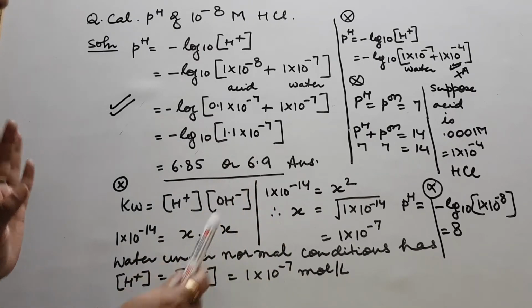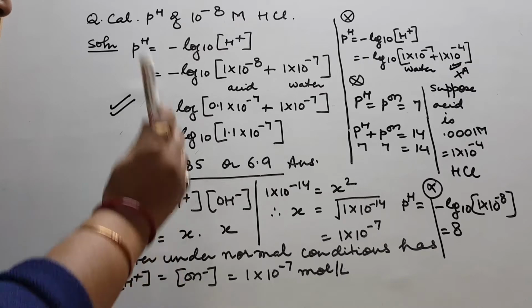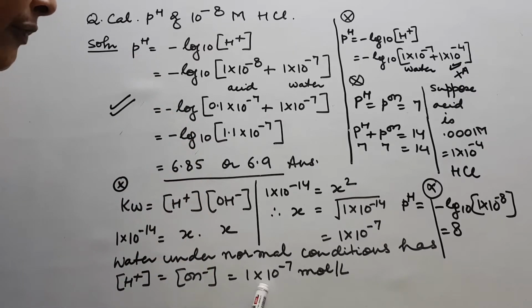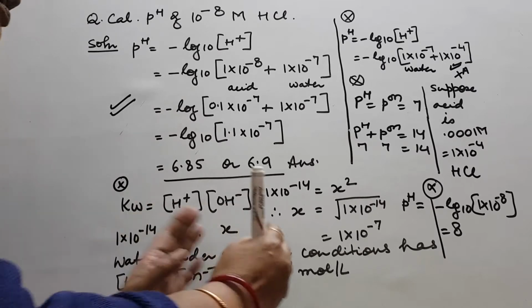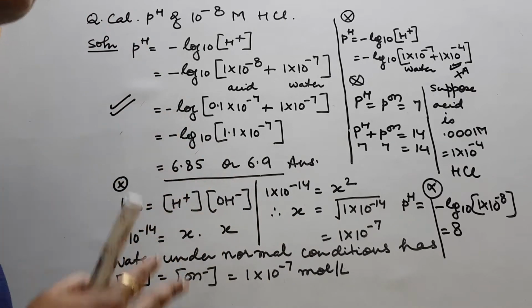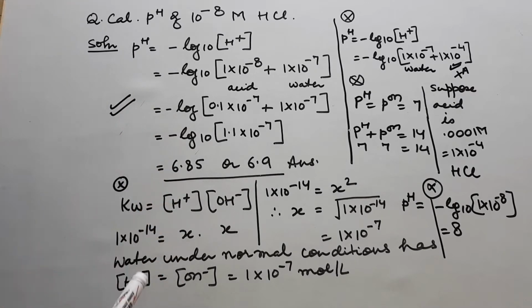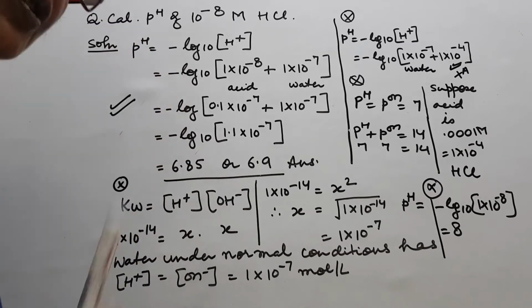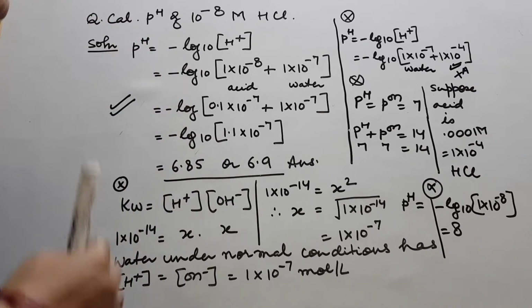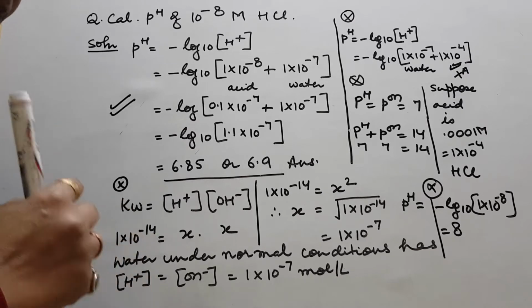Point clear. So this is what water will provide us, H plus and OH minus, and the value is equal to this. This we will be using for calculating our pH as well as for pOH. And actually we should also incorporate these values while calculating pH or pOH.